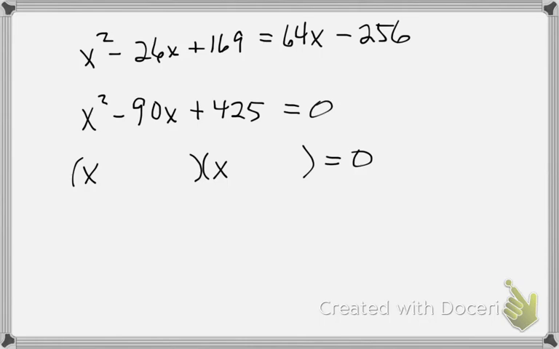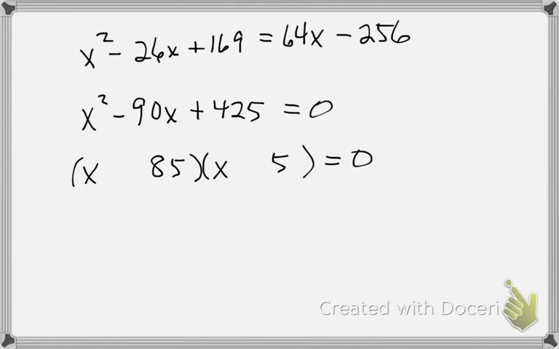What do you want to try? What do you think is going to go into 425? 5? Is 5 going there? Yeah, sure. So divide 425 by 5, and what do you get? You can do that in the calculator. So 85 and 5 give us 425. Does that give me 90?